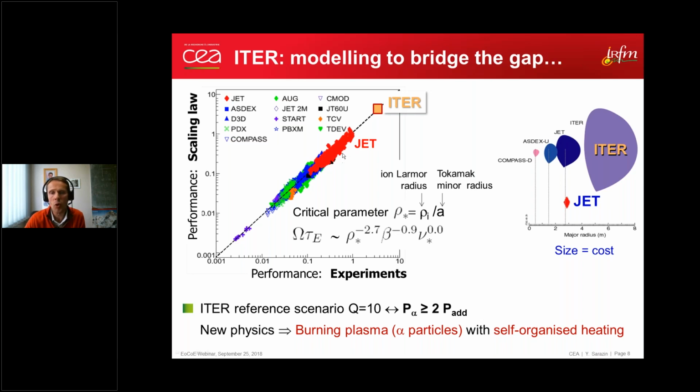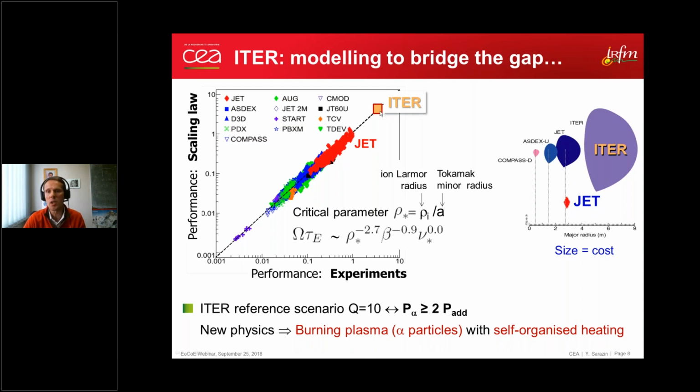And so the third point is that if you want to know what will be the energy confinement time in ITER, and consequently what kind of gain factor, capital Q, you can expect in ITER, then you have to make an extrapolation, assuming that the physics will be the same and that the discrepancy of the points is not too large so that you can be confident in the extrapolation.